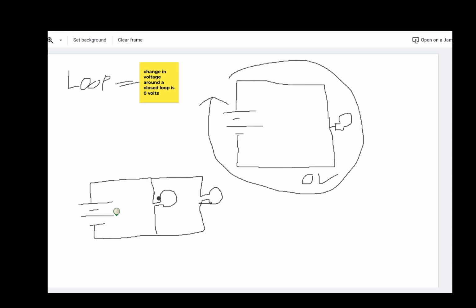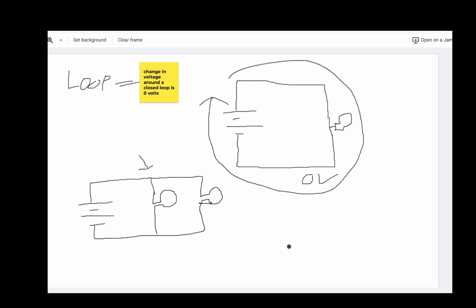Oh, right. Yeah. So this branch makes the whole circuit a parallel circuit, and it's called a junction, right? Yep.